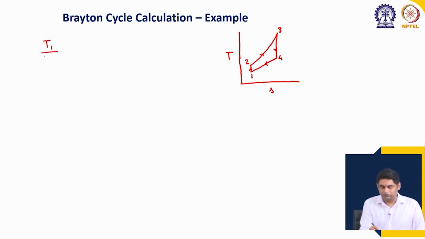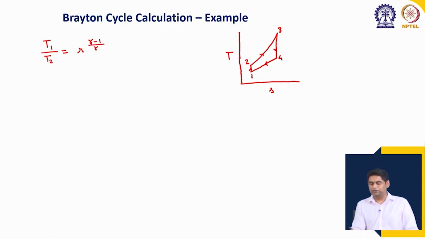T2 by T1, we already know, should be equal to r to the power gamma minus 1 by gamma. Remember, r is equal to P2 by P1. Here it is given to us that r is equal to 10. So, 10 to the power 0.4 by 1.4 comes out to be equal to 1.9307.